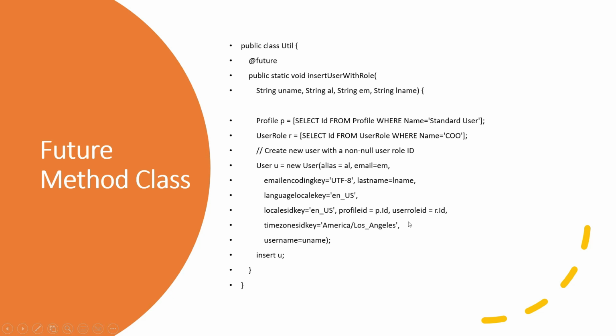So the Standard User profile ID we are passing here, and user role ID. So the role we are passing from here, r.Id, and time zone we are specifying as America/Los_Angeles, and username again we are getting from our calling method, and insert u. So we are inserting this user record.